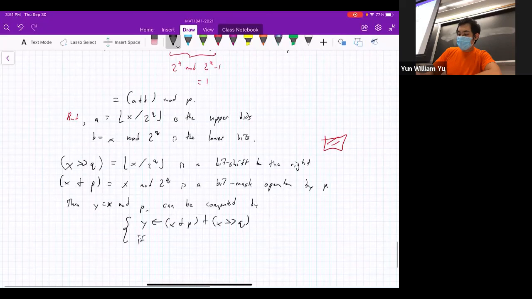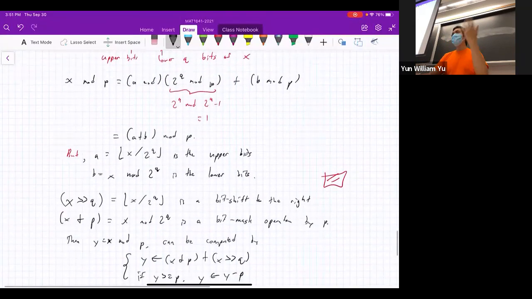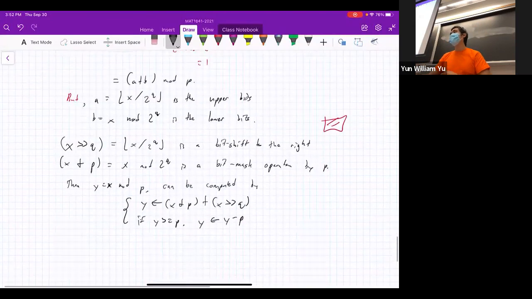And then if y is greater than or equal to p, y is equal to y minus p, because there's some chance you went over when you added the two things together. This is a lot more efficient than doing modular arithmetic because all you're doing here is bit shifts and a single conditional. And so this is used in practice a lot whenever you want to compute a really fast hash function: you pick a Mersenne prime and then you use that as your field, basically.